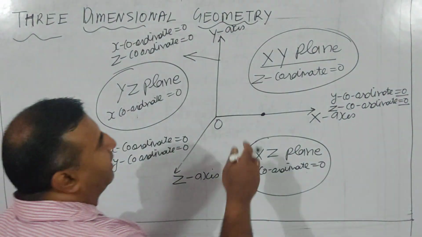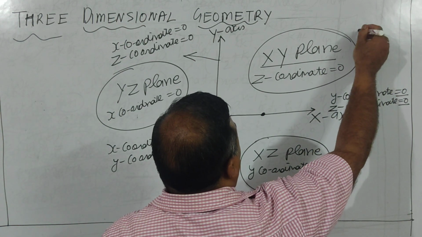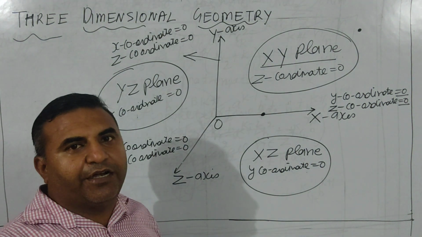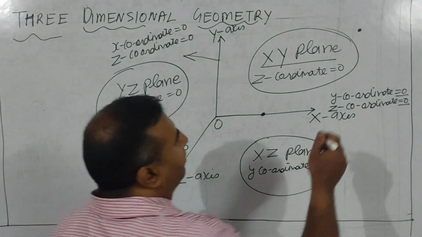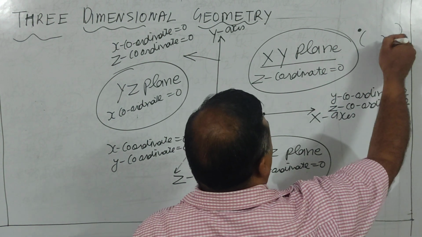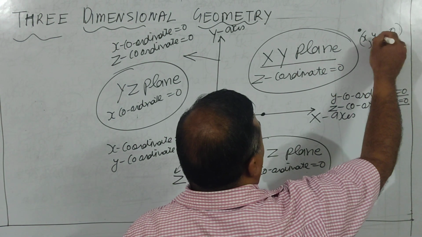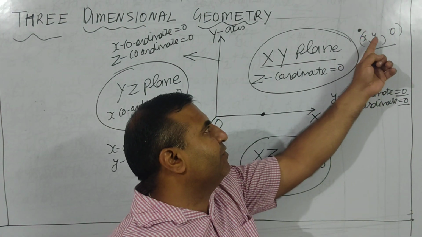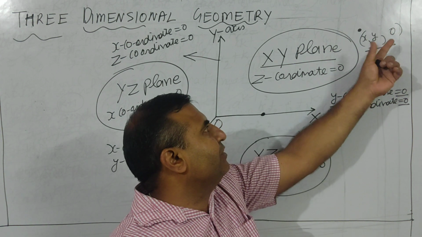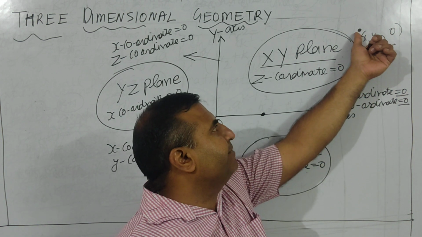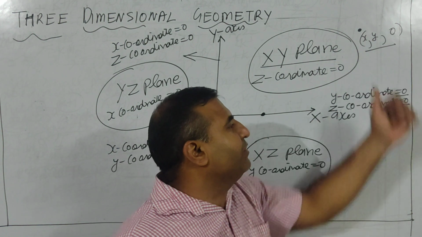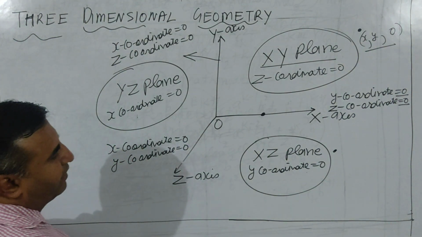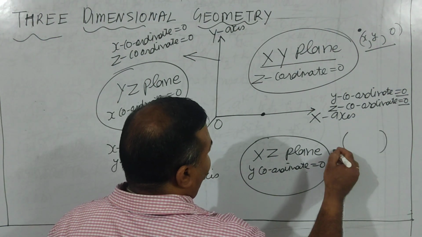In the xy plane, if I draw any point here, what is the coordinate of this point? You write z is always 0, and x and y you write here, because x and y can have any values since they are variables. So if you draw any point, its coordinate is (x, y, 0).